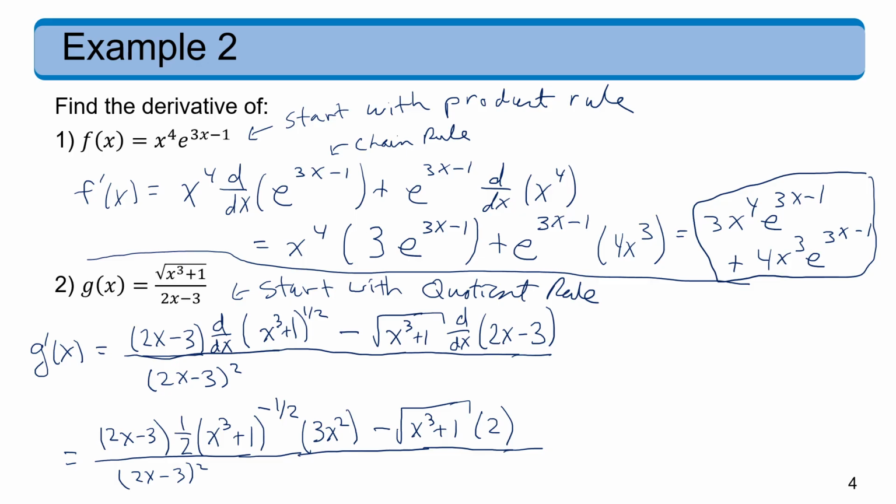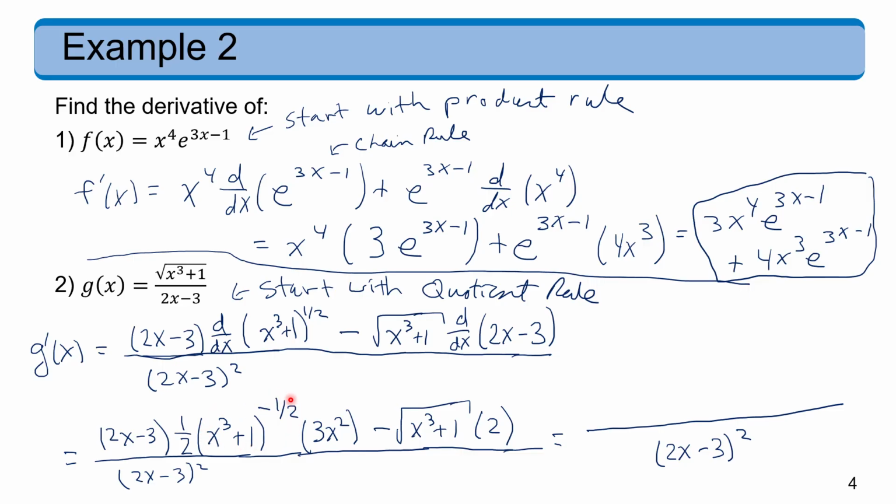And then let's just do one step of simplification here. These are often pretty messy, and it's a lot of work to simplify some of these sometimes. So on the first term in the numerator, I'm going to move this to the front and maybe put it over the 2. So we'd have 3x squared over 2 times this factor times this factor.